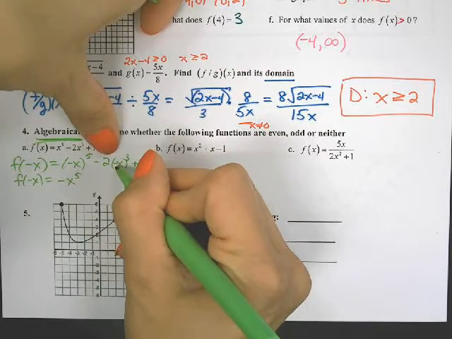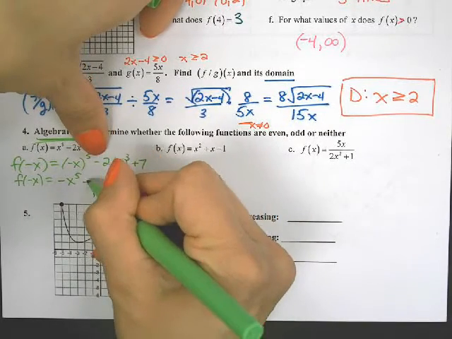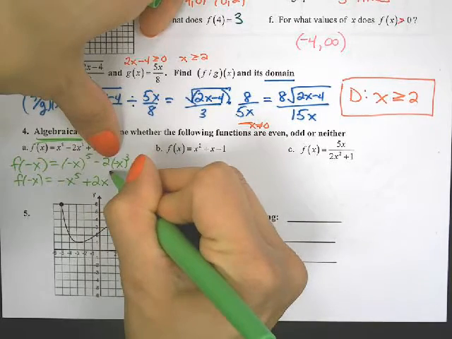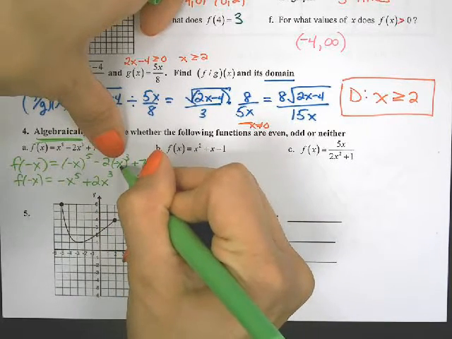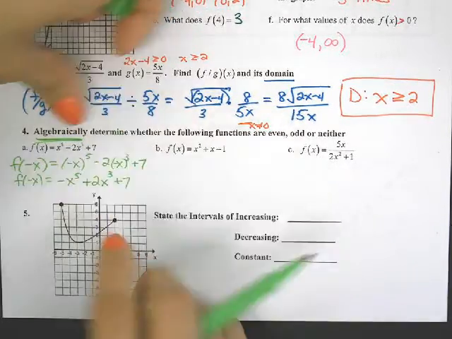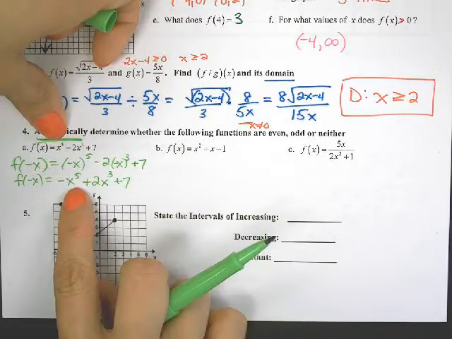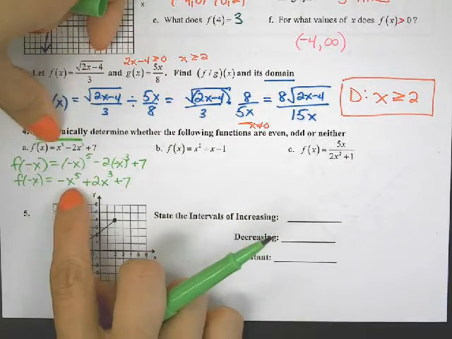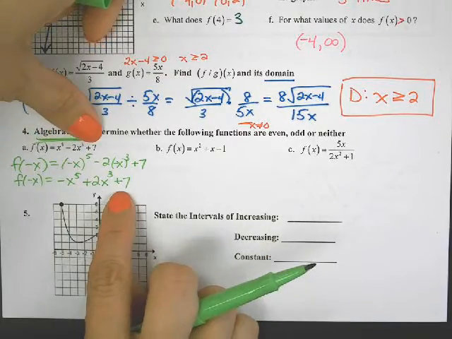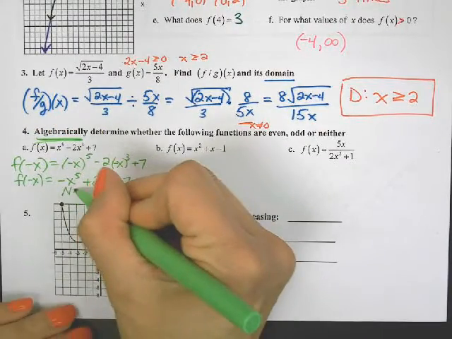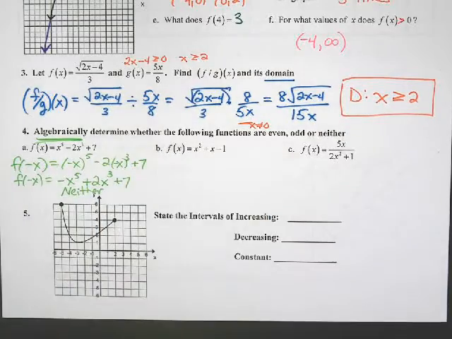That's going to make an odd power negative times negative. That's going to make plus 2x cubed. Don't forget to give the cube power to the x, plus 7. So is this the same? Is it the original? Nope. Is it the opposite? Nope. This one would be considered neither.